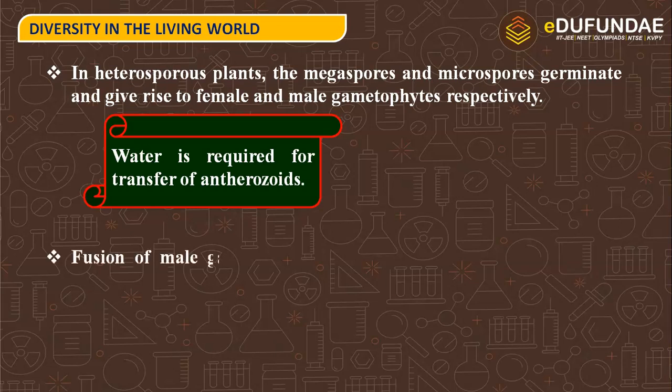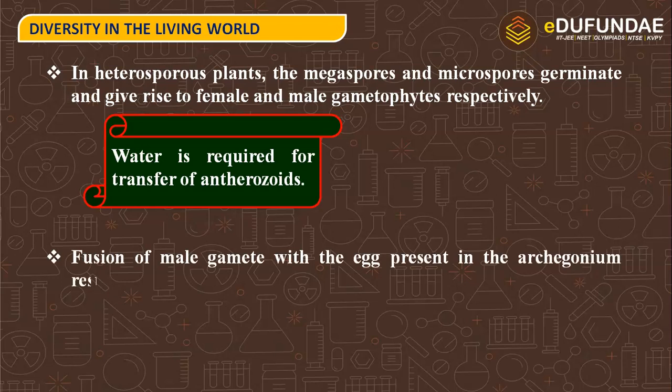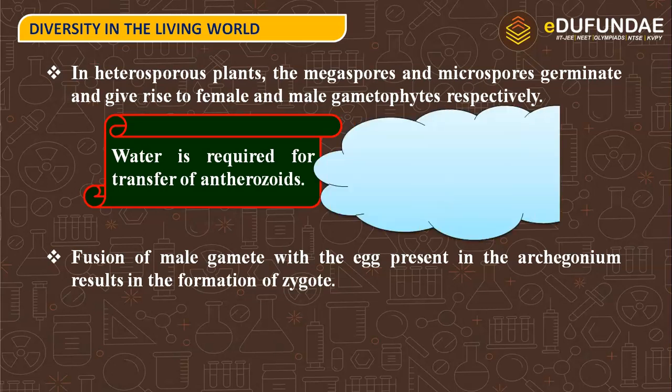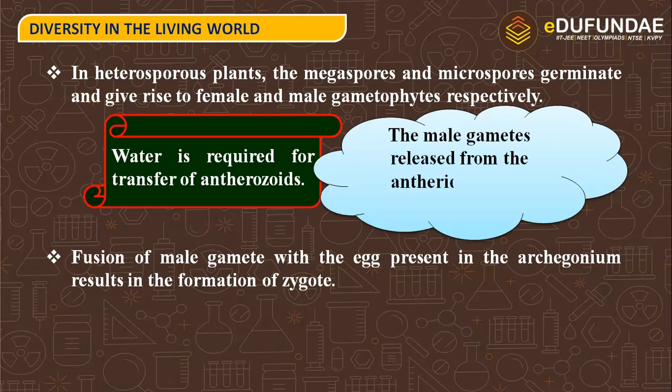Fusion of the male gamete with the egg present in the archegonium results in the formation of zygote. So simple, we always understand that when male gamete and female gamete mix, there will be the formation of zygote. The male gametes are released from antheridia to the mouth of archegonium, and for this travel water is required.